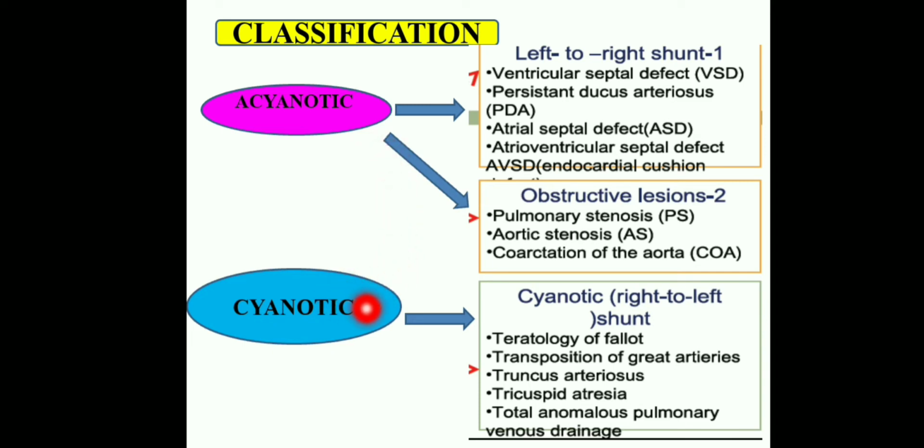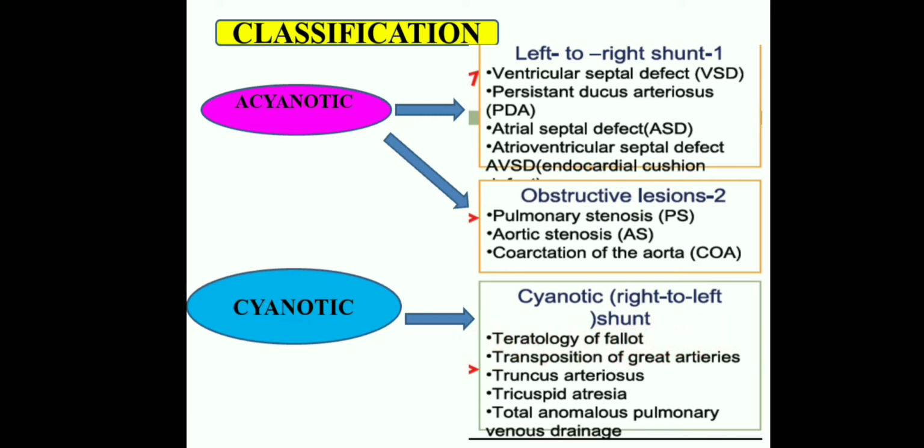Next are the cyanotic conditions. Here there is decreased pulmonary blood flow. Cyanotic means right to left shunt: blood flows from the right side of the heart to the left side, so deoxygenated blood moves into the oxygenated side and the baby has cyanosis.